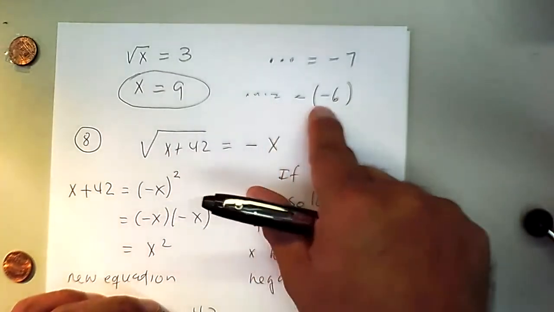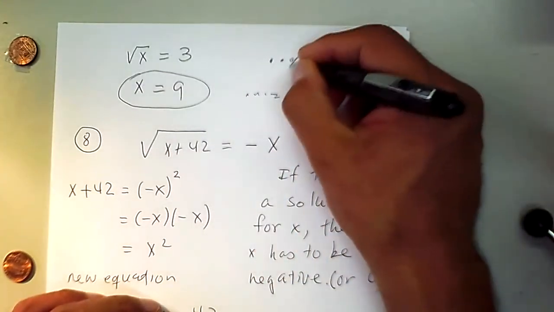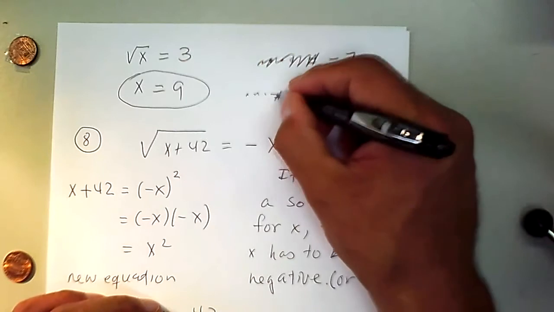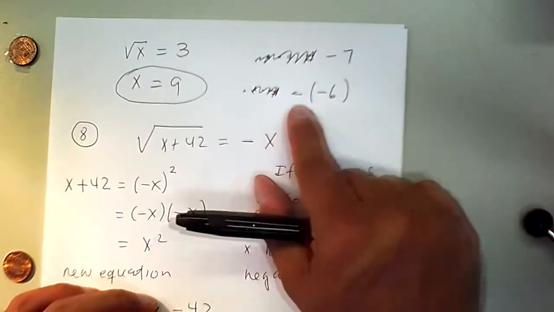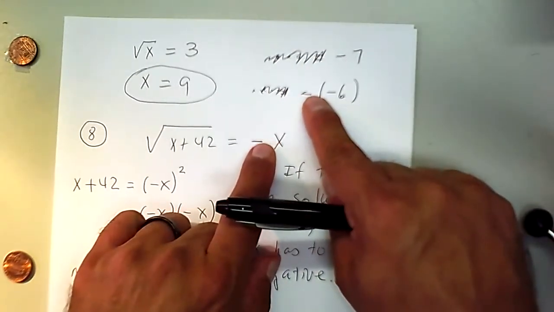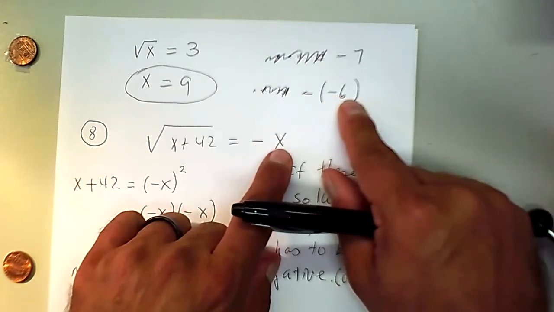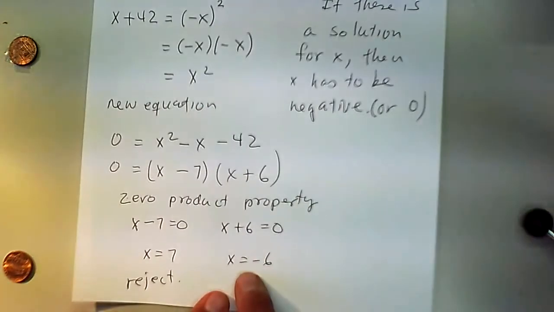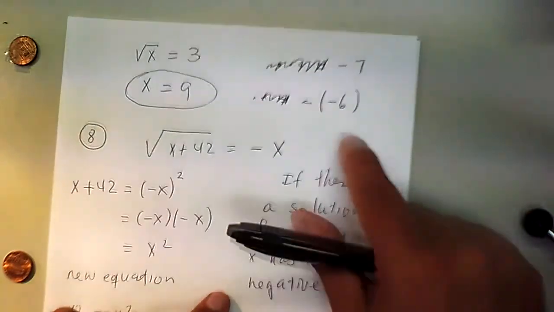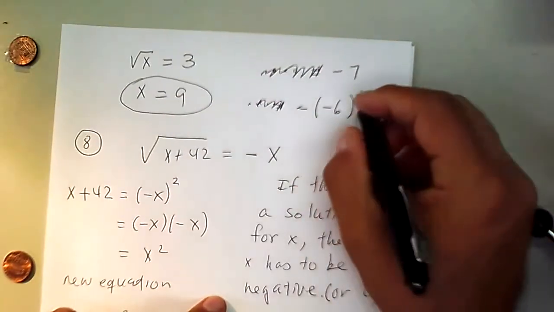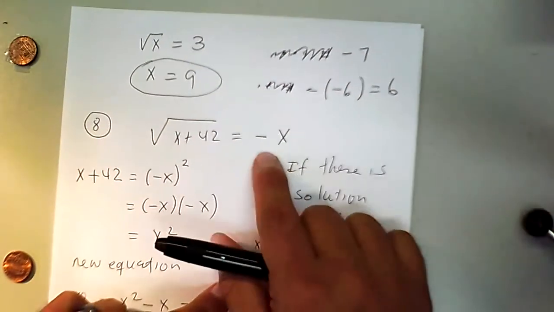Anyway, here I shouldn't even put an equal at all. I'm just comparing 2 expressions. So this negative, that negative is this negative. The negative 6 is the value of x that we are testing. So now we got a double negative causing this to be 6, and then that makes sense.